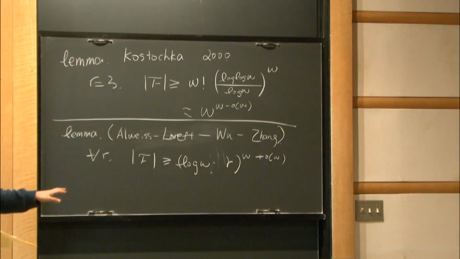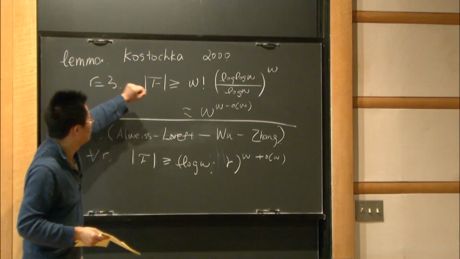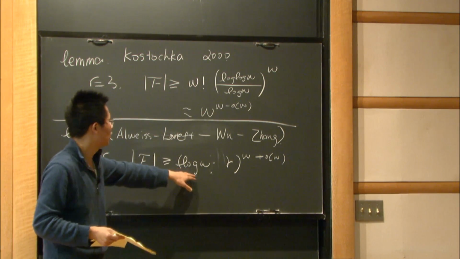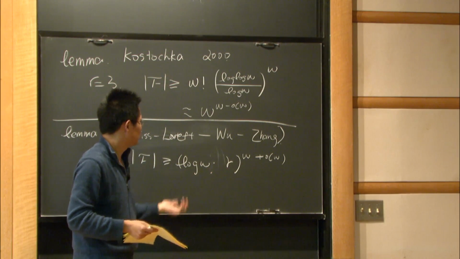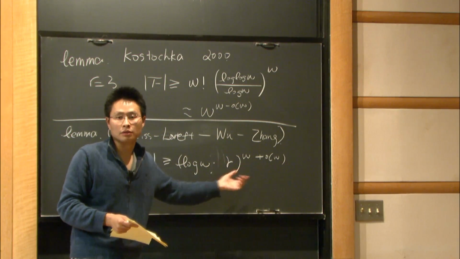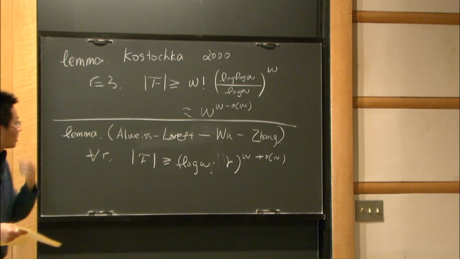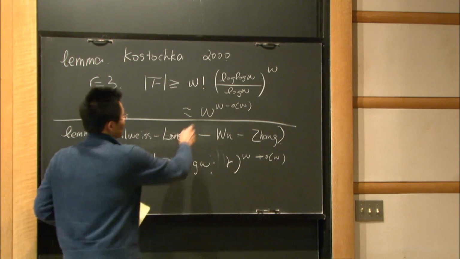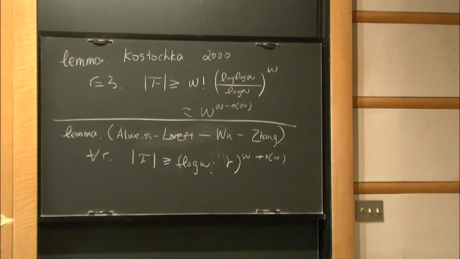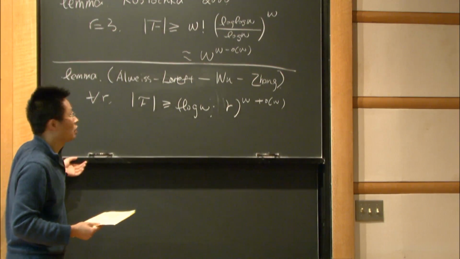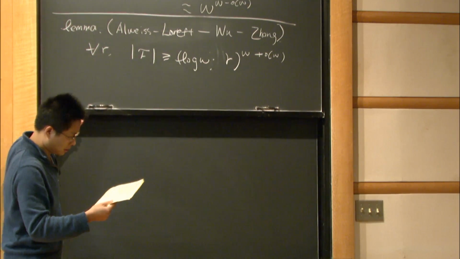So our recent bound is that we improve the major part, the factor of w, to log w. Say if r is 3, then it's roughly like log w to the w. So this is our recent result. We improved it. Is there any question now? Okay, so this is our result.